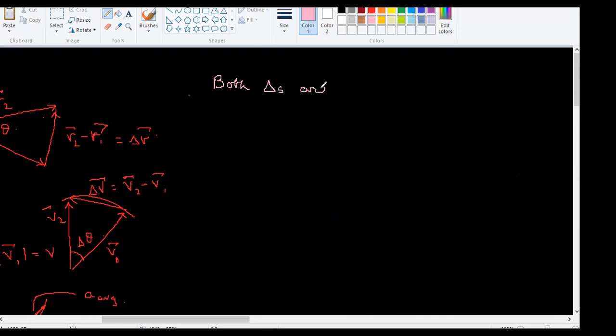Both triangles are isosceles and they are similar triangles. Then I can do that.